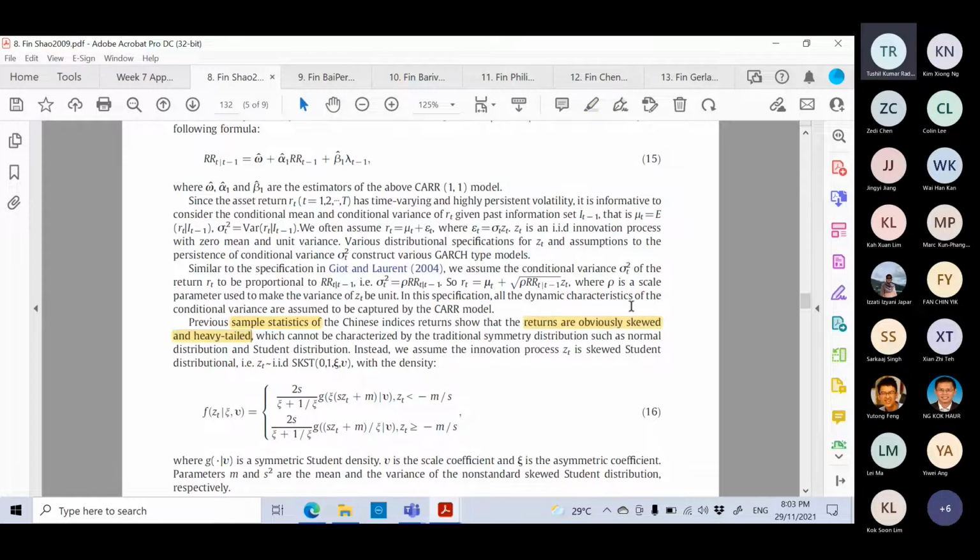If they have skewed and heavy tails, using the traditional normal distribution or the student T may not work properly.